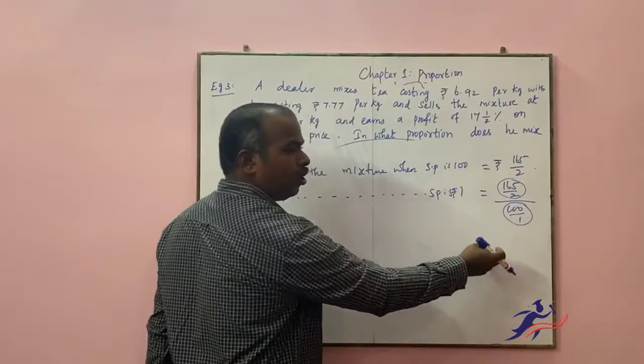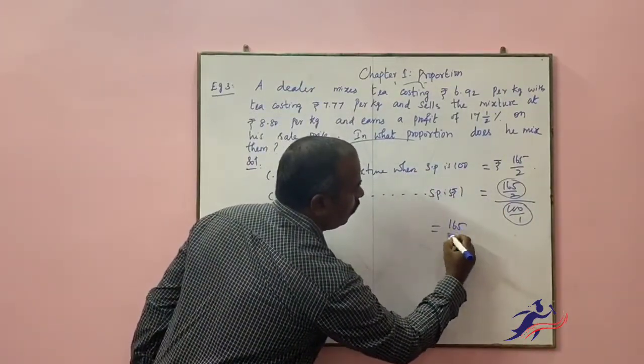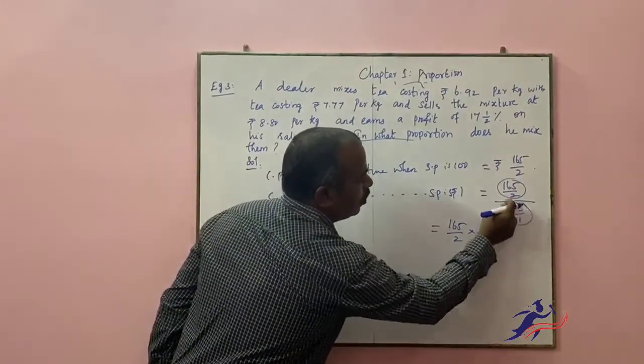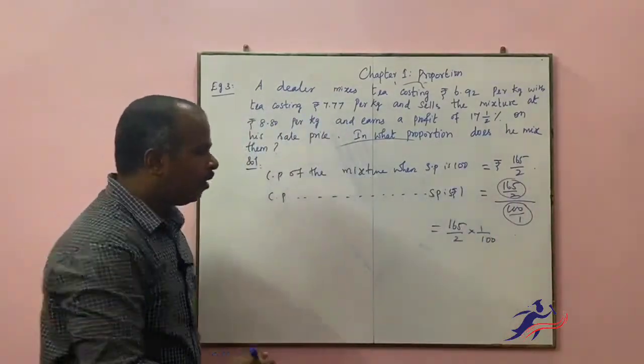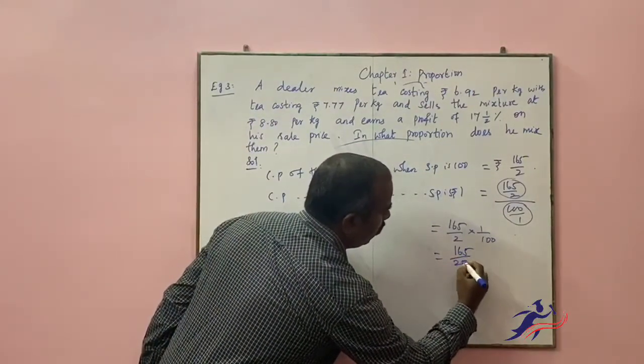We can bring the denominator to the numerator: 165/2 into 1/100, the reciprocal of this one. So we get 165/200 rupees.